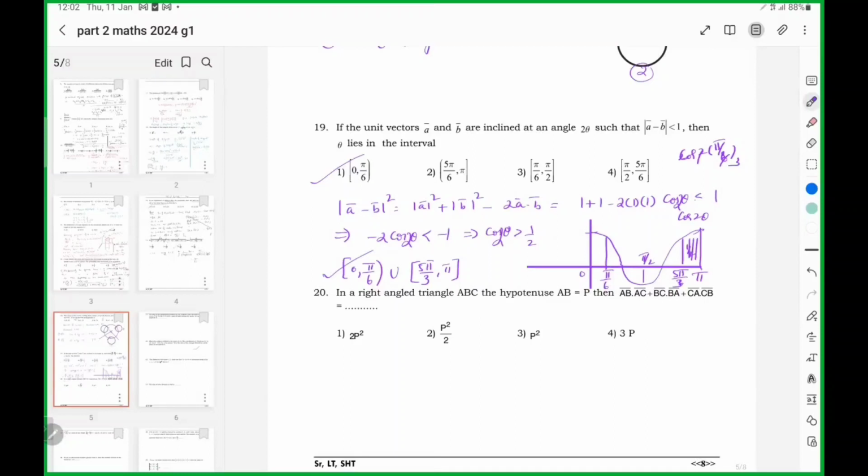Okay, correct. So here theta is 5 pi by 3. Sorry, it is 5 pi by 6 to pi. First and second, both are correct.